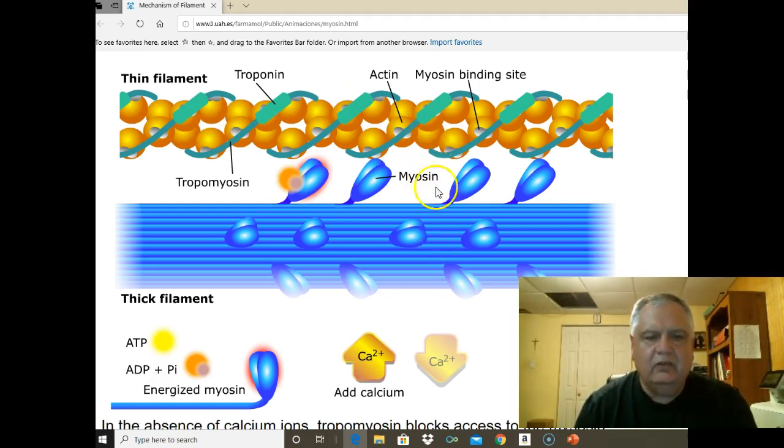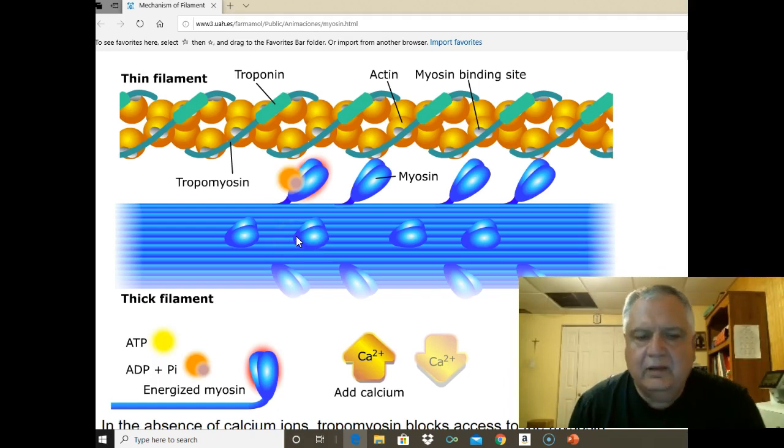This is in the A band, and an I band would be out here where there's actin only, and out here is where the Z membranes would be. The actin is attached to the Z membranes out here. Now, when a contraction takes place, the actin is going to slide, let's say in this direction, toward the center of the sarcomere, over the surface of the myosin.